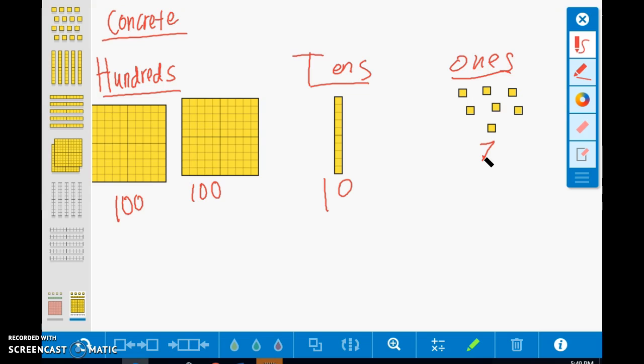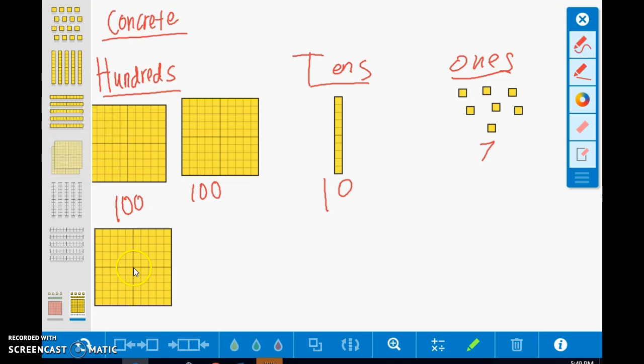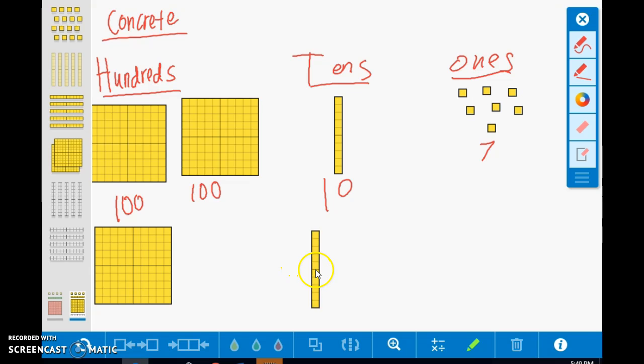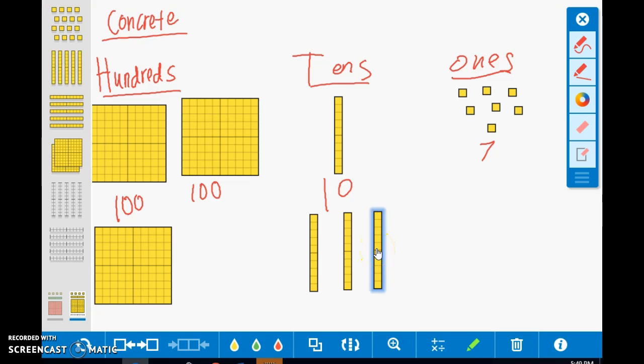And the next part said that he read 134 pages the following week. So we need to show 134. So we're going to use 1 100 grid and 3 tens. 1, 2, 3, and 4 ones. 1, 2, 3, and 4.